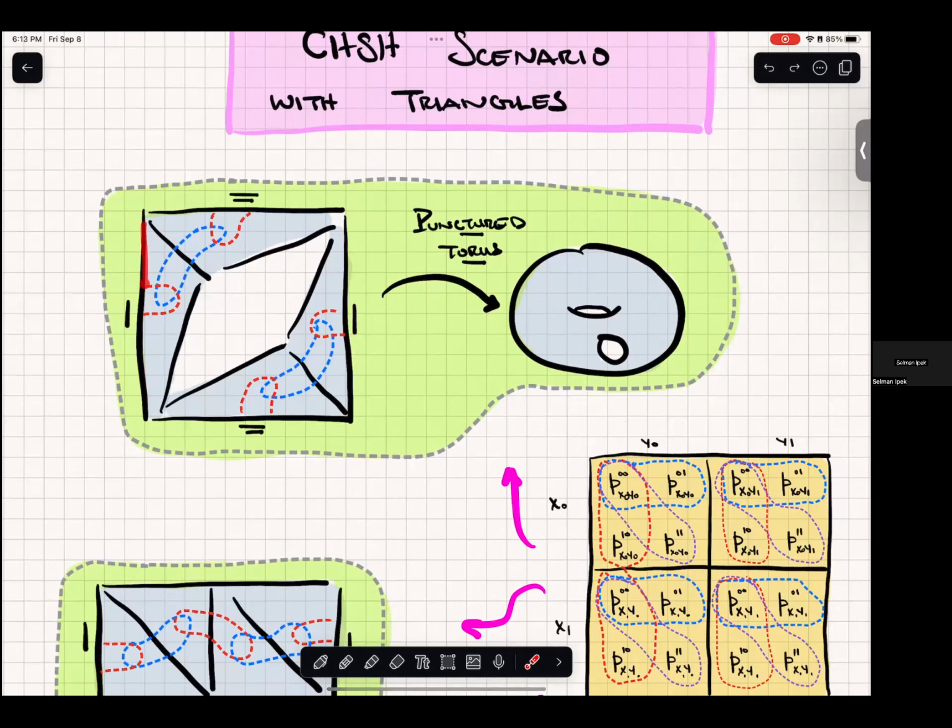So I'm saying that these two edges are the same, these two edges on the top and bottom are the same, and the reason it's punctured is because I have nothing here. Somebody took a bite out of this donut, as you can see right here.